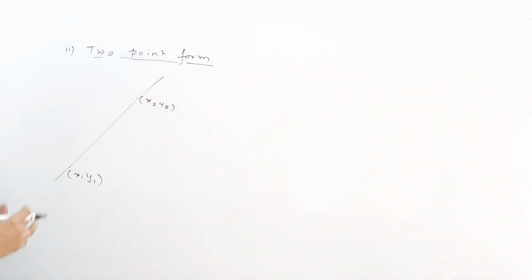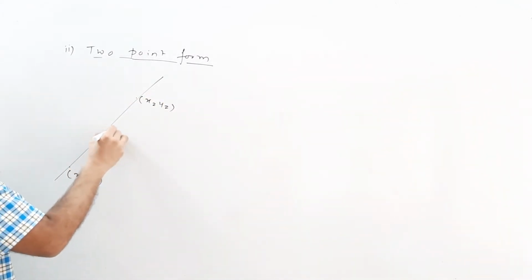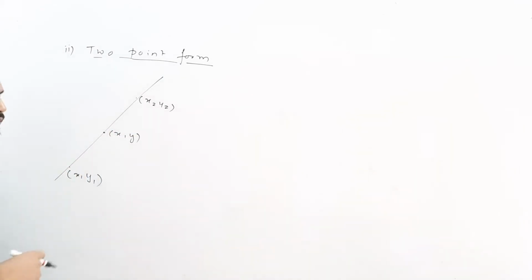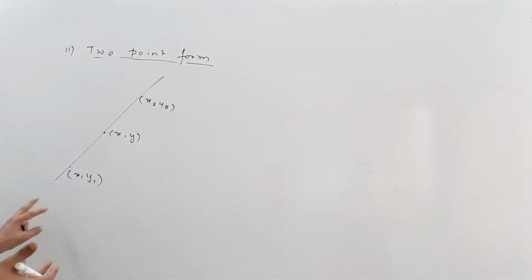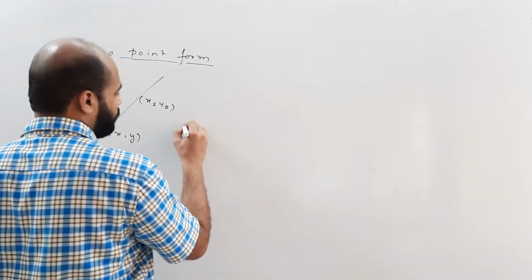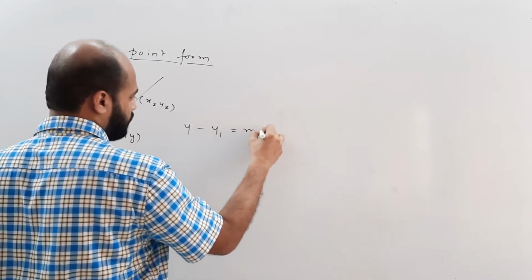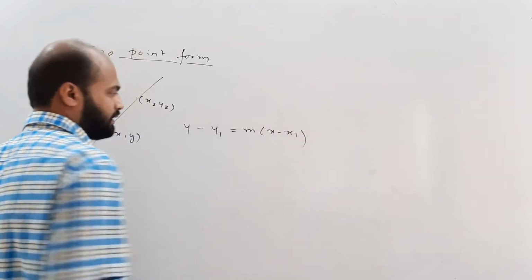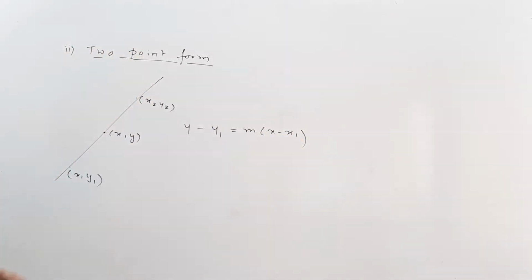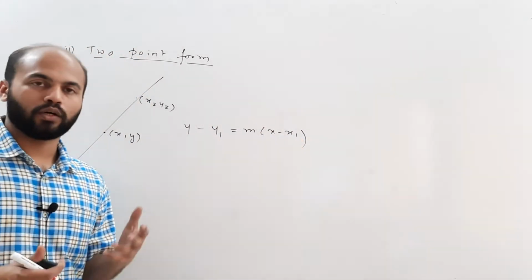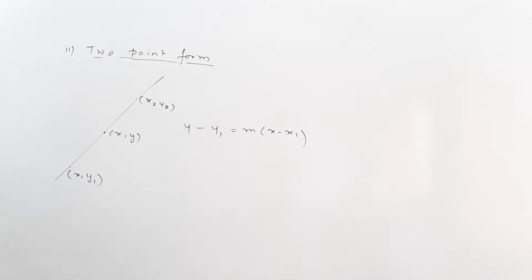Both of these points are known. Let's choose a random point x comma y on this line, that is a variable point. And now we can see that earlier we wrote the equation of this line as this, and m we were trying to get through some angle or some other method.